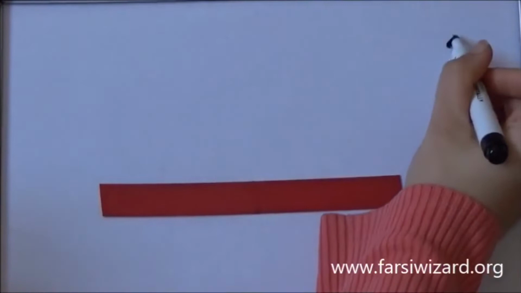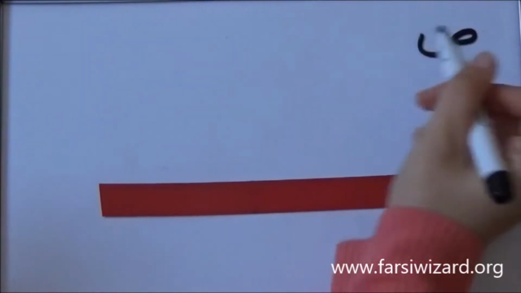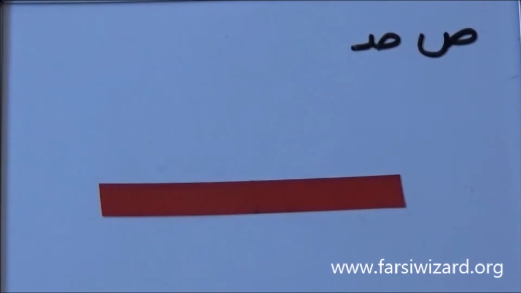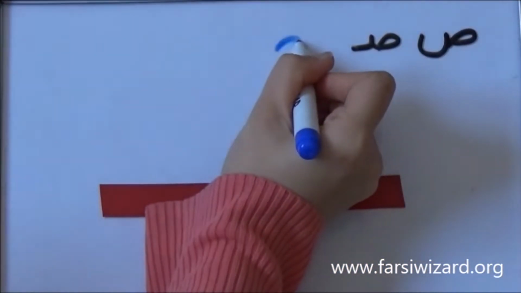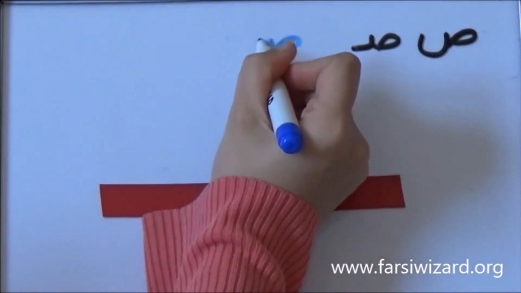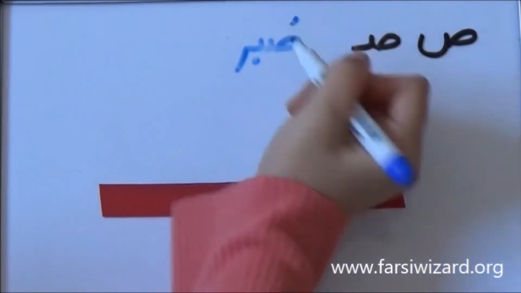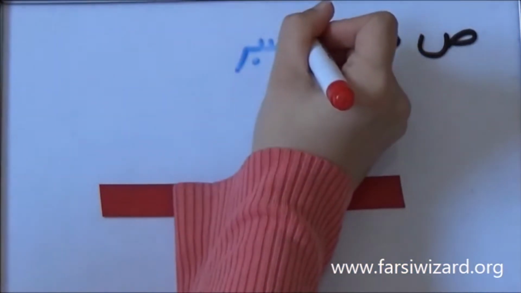Here we have Sad, complete version and small version. Remember the letter is Sad, but the sound is S, like any other S in English. So here we have a Persian word, Sabr. You remember the other 2 letters, Be and Re, from the previous videos.